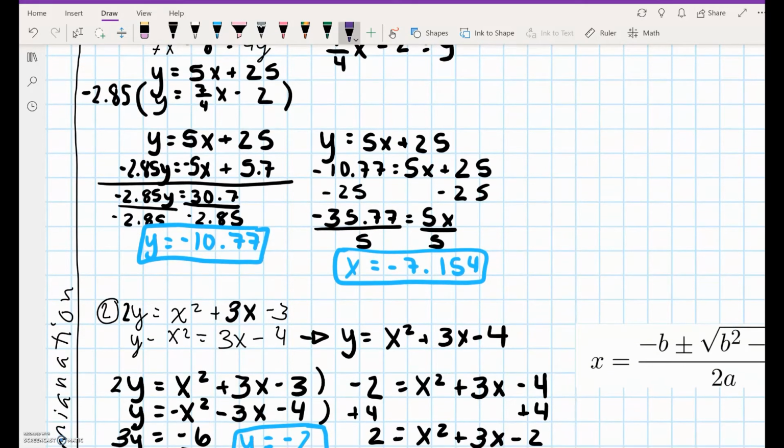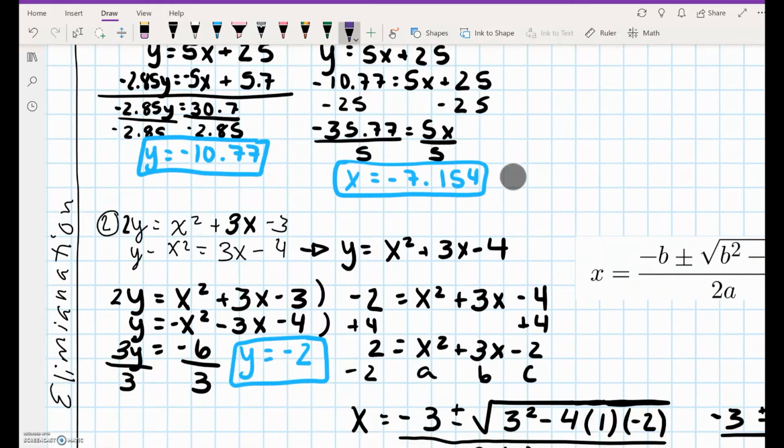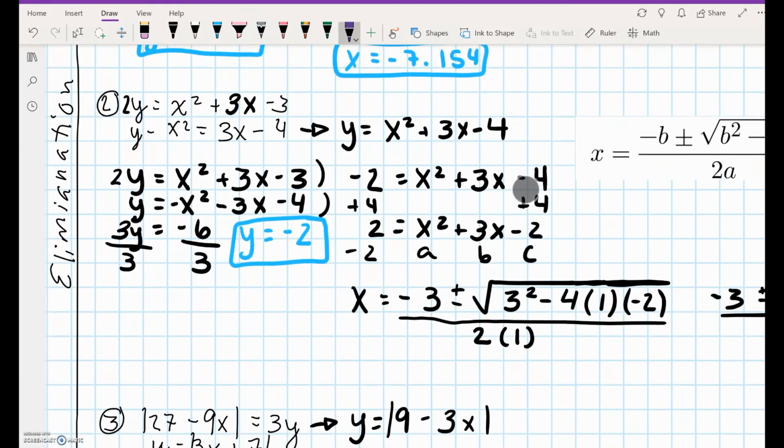So not the one that you multiplied into being something kind of different, just your original. And you plug it back in for where your y would be, and solve for your x, and then the x was equal to negative 7.14.